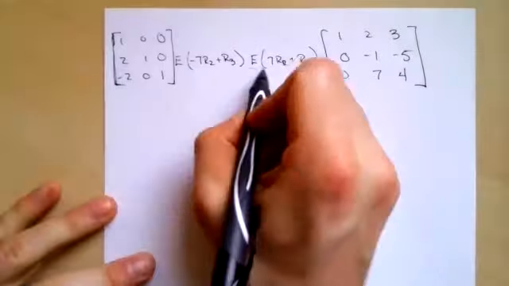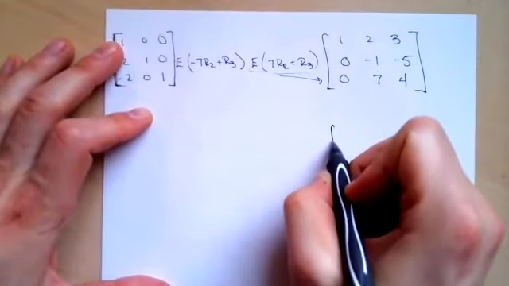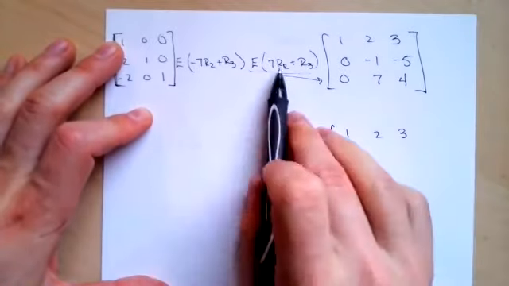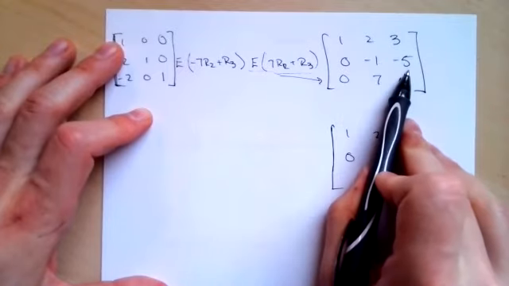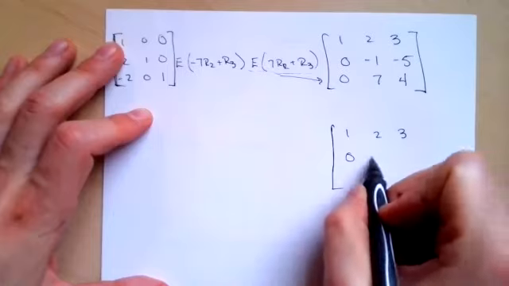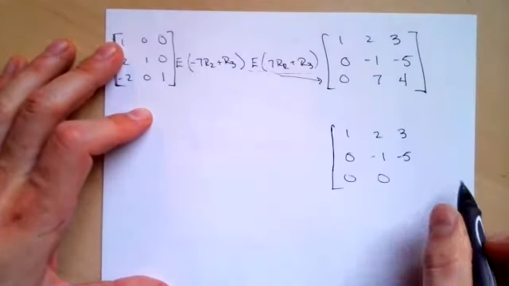So when we perform this guy, what are we left with? 1, 2, 3, 0. We take 7 times this guy. So that'll give us, I'm sorry, this row is not going to change. A 0 here.